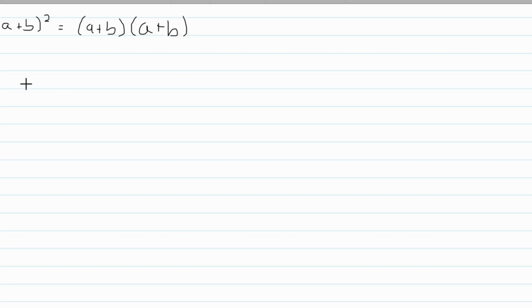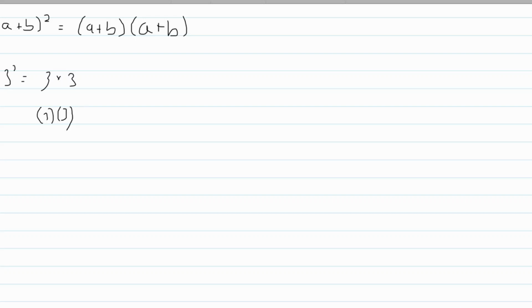Okay, so in case you have no idea about what we are doing here, let us look at 3 squared. 3 squared can be expressed as 3 times 3. And this 3 times 3 can also be expressed as bracket open 3, another bracket open 3.